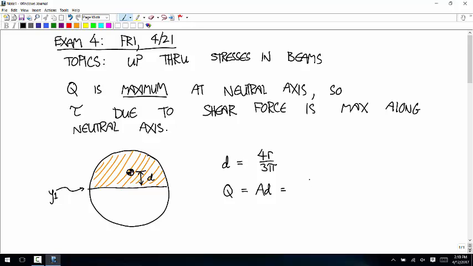So that's pi r squared over 2 times the distance, 4r over 3 pi. The pi's cancel. And so you get 2r cubed over 3.